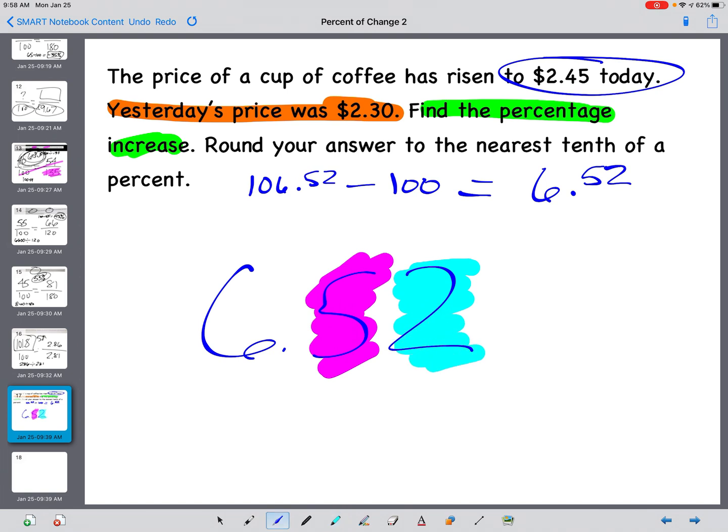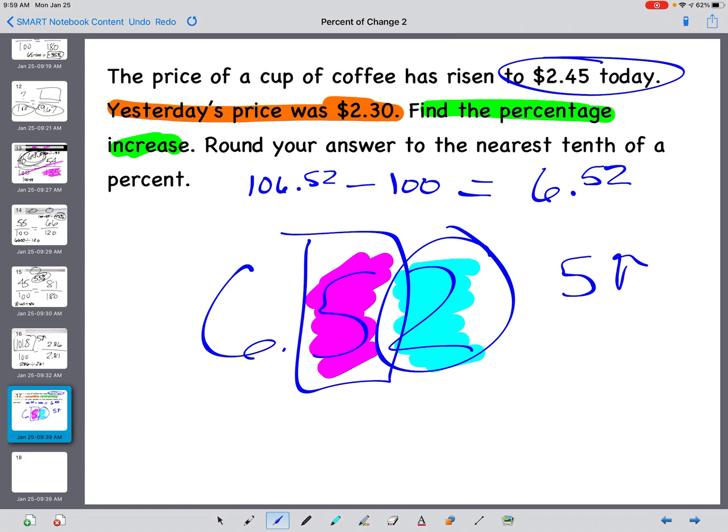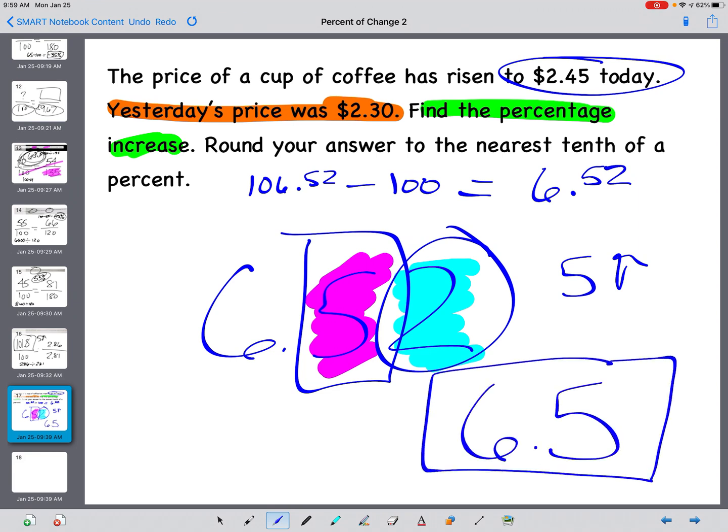If that number is 5 or above, then the tenth spot has to go up by one value. If that was the case, we would go to 6.6, but it's not. As you can see, it's 2. This is less than 5, and so that's just going to stay 6.5. Ultimately, finally, your answer is just 6.5%. And that's how that works.